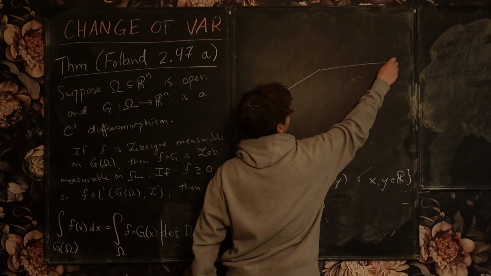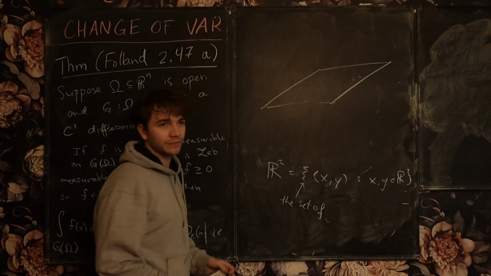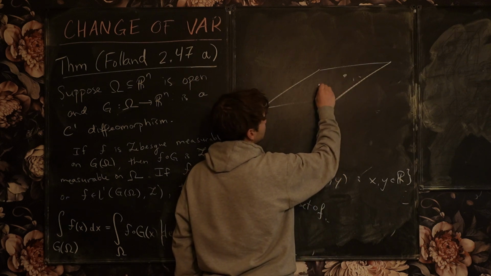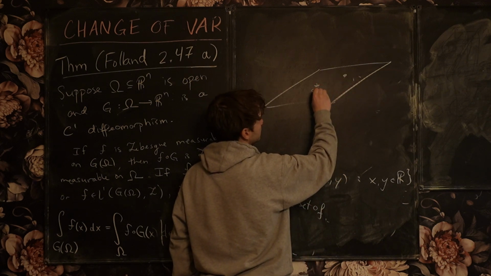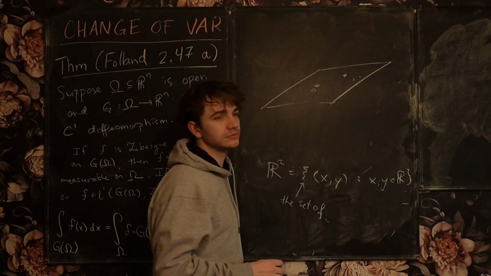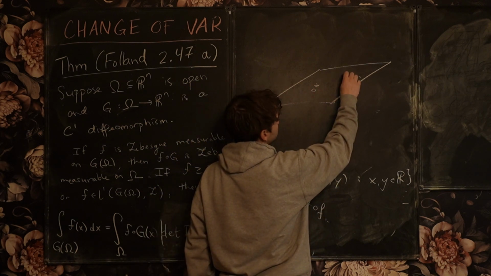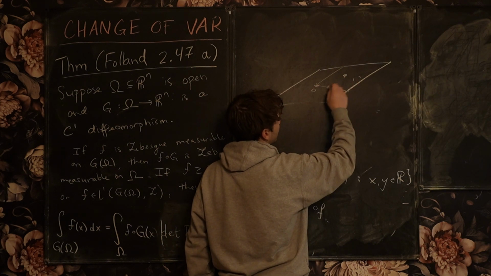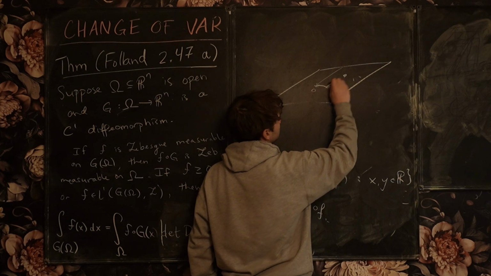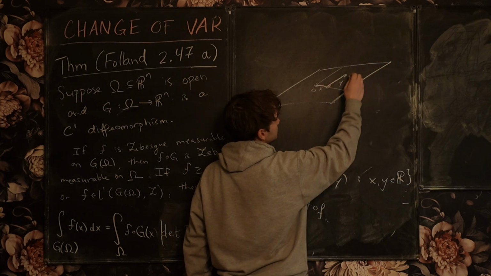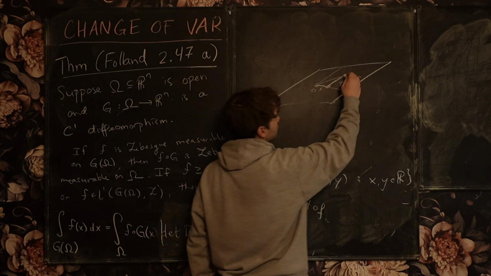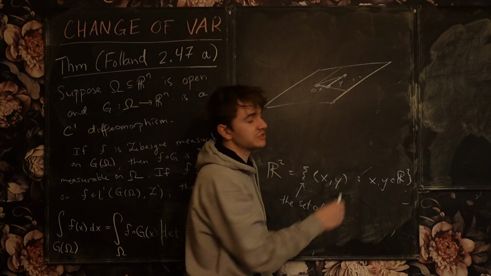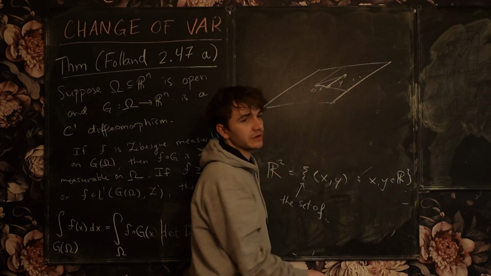I have a plane, and if I specify a point on this plane to be 0, then any other point on the plane, I can view as its horizontal distance x from 0 and its vertical distance y from 0.